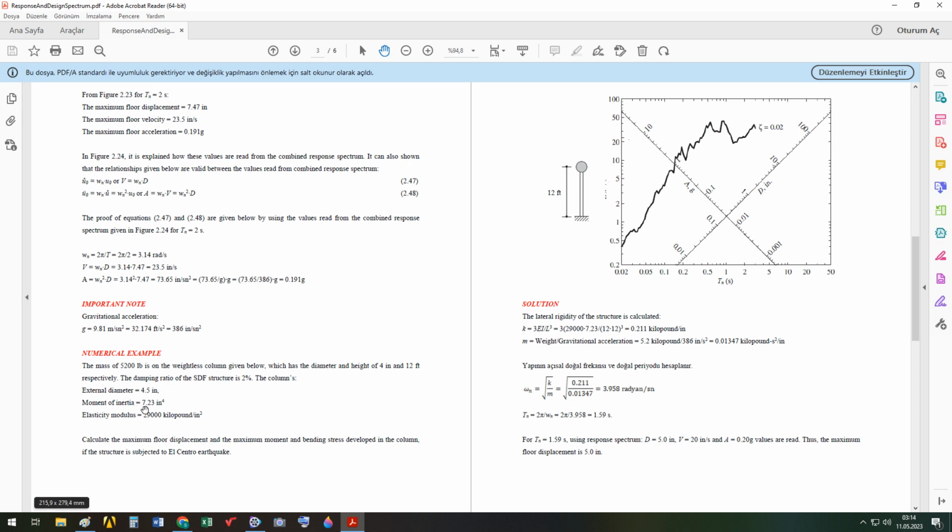Moment of inertia is 7.23 inch to the power of 4, divided by the column height, 12 times 12 inch, cubed. So we get the column's lateral stiffness.